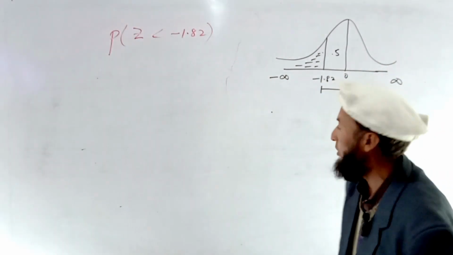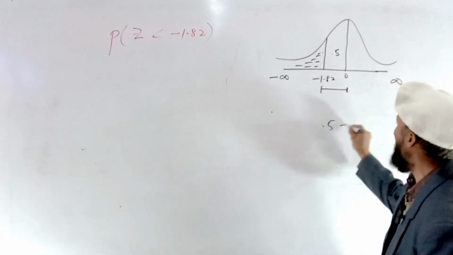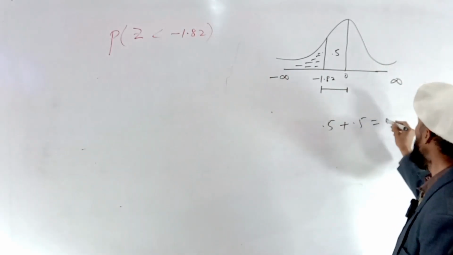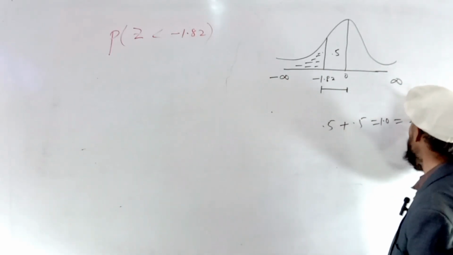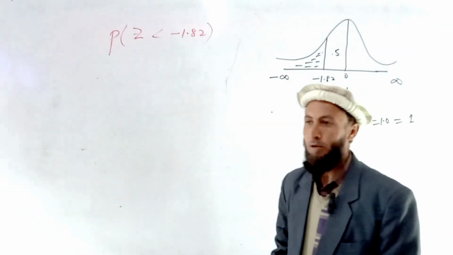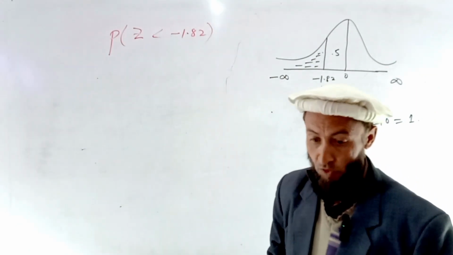The total area is 0.5 plus 0.5, which equals 1.0. The total area must be 1, otherwise your question is wrong.